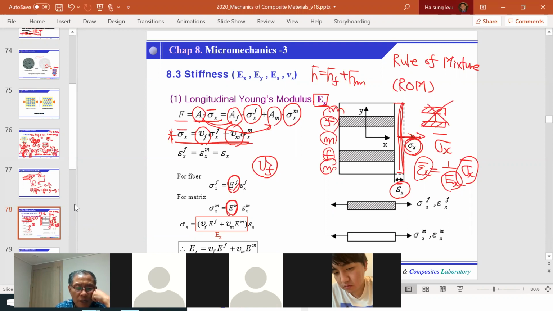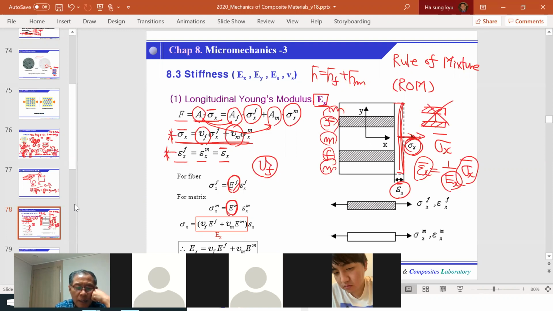So this is the one equation we have relating the fiber and resin stress to the macro-level stress. And as we just observed, the fiber strain and resin strain will be the same as the fiber directional strain, which we call epsilon x bar.